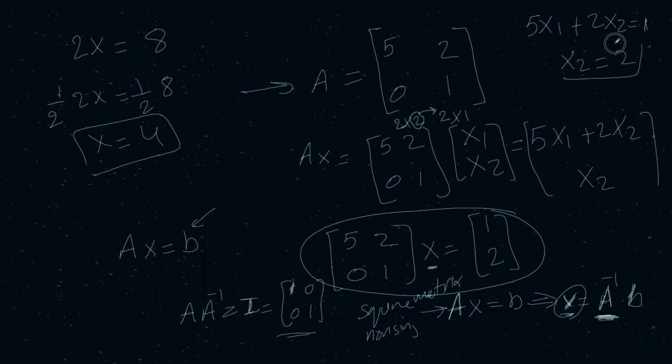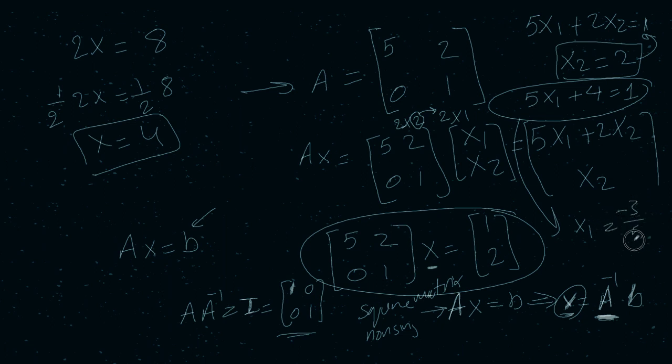Now we can substitute in the first equation: 5x1 plus 2 times 2, which is 4, so 5x1 plus 4 equals 1. Then x1 equals 1 minus 4, which is minus 3, divided by 5, so x1 equals minus 3 over 5.